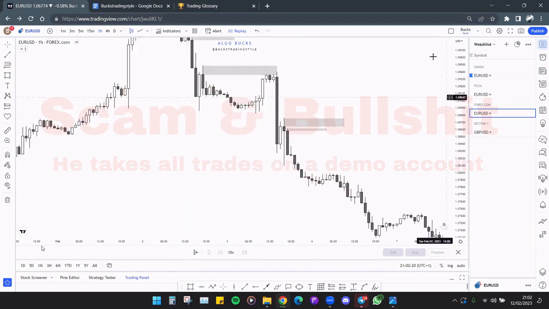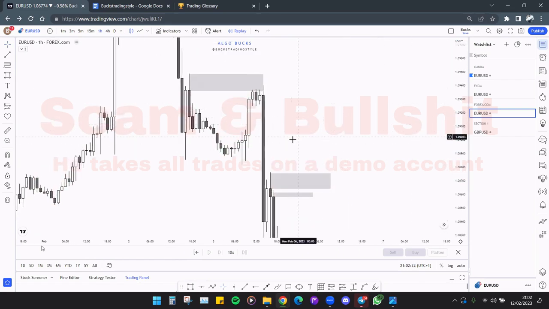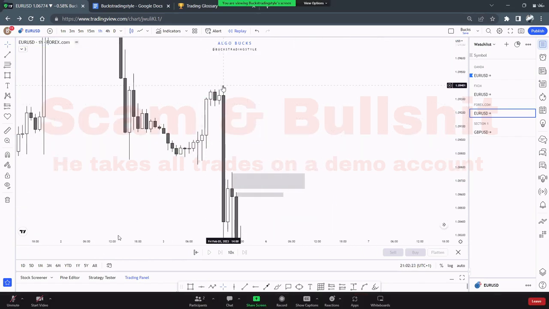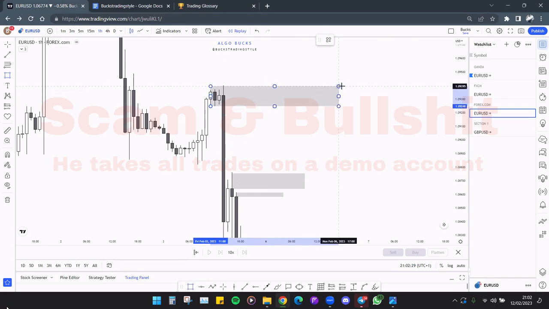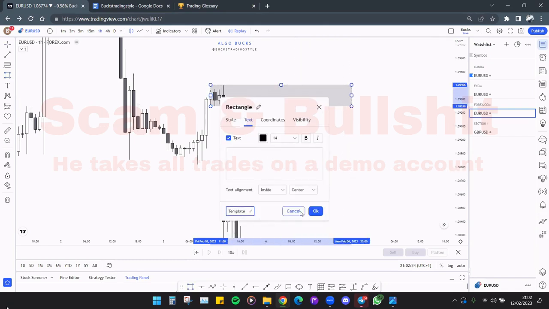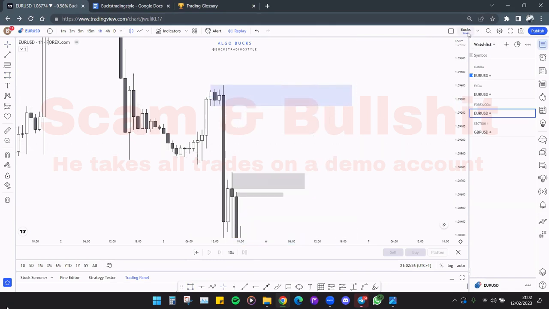Now, see something. If we want to mark our supply zone, we can mark this whole range. Some people do mark this whole range right here as their valid supply zone. Now, remember I said wicks are refinements on lower time frames.